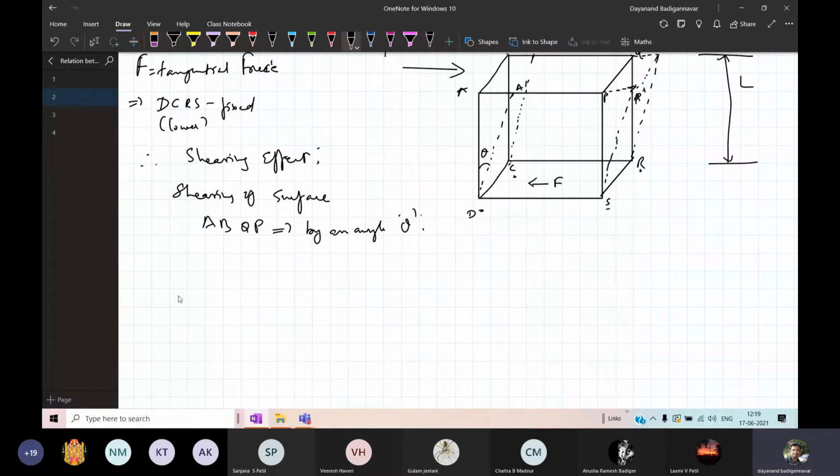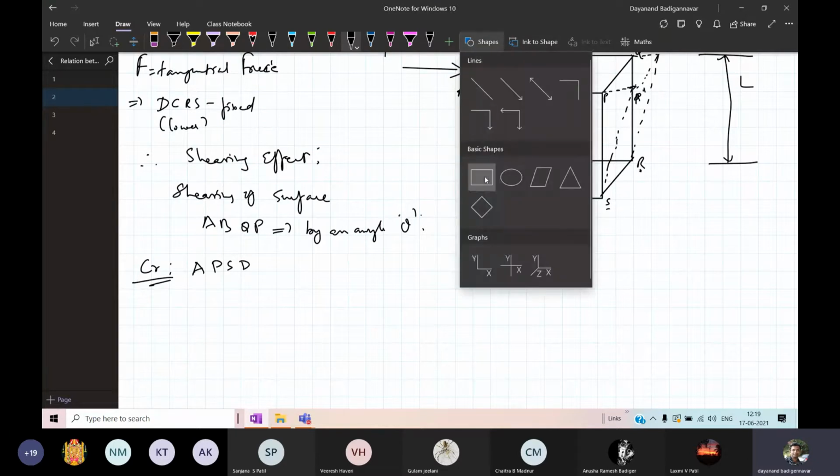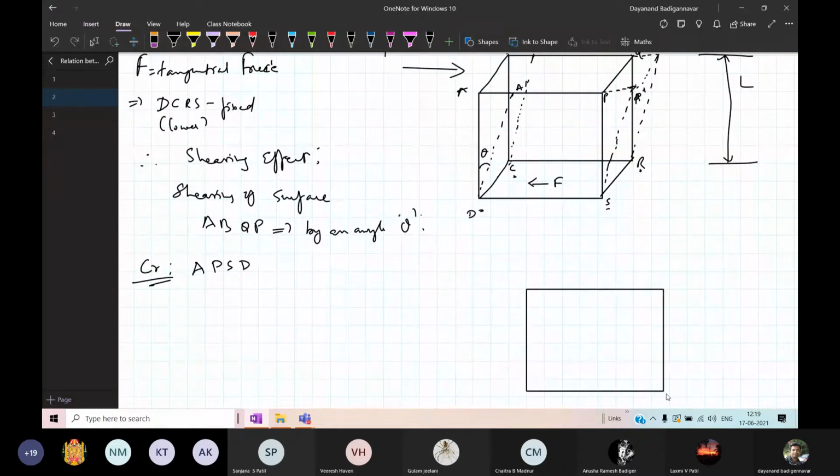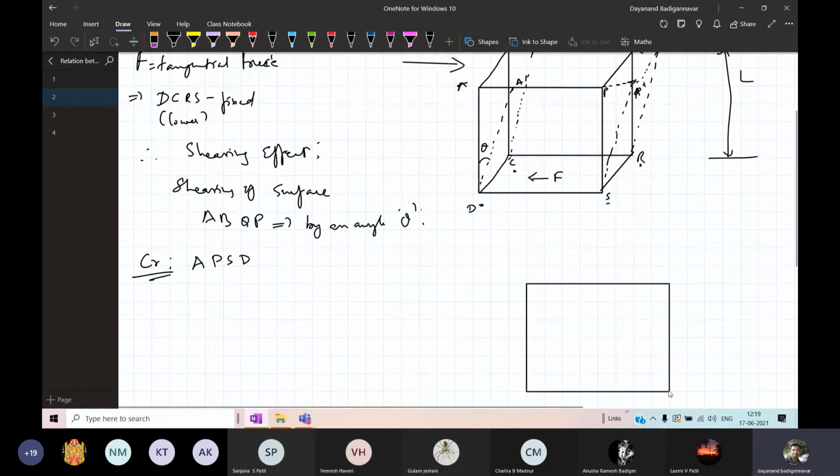Now I will consider the front surface APSD. So I will consider the surface APSD as the front surface. I have just taken the front surface.